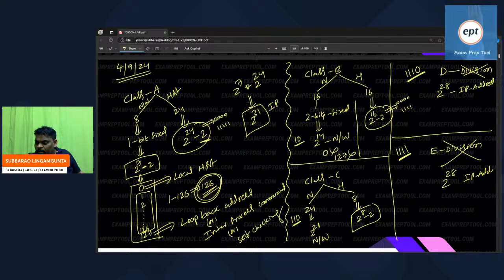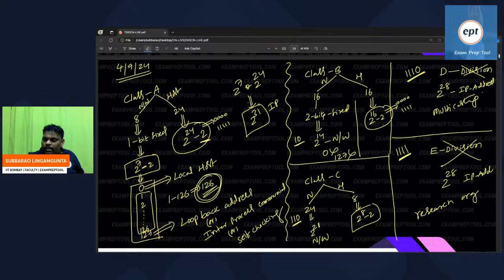Remember everyone, this D class will be used for multicasting. This E class will be used for something like research organizations, research purpose, future purpose.